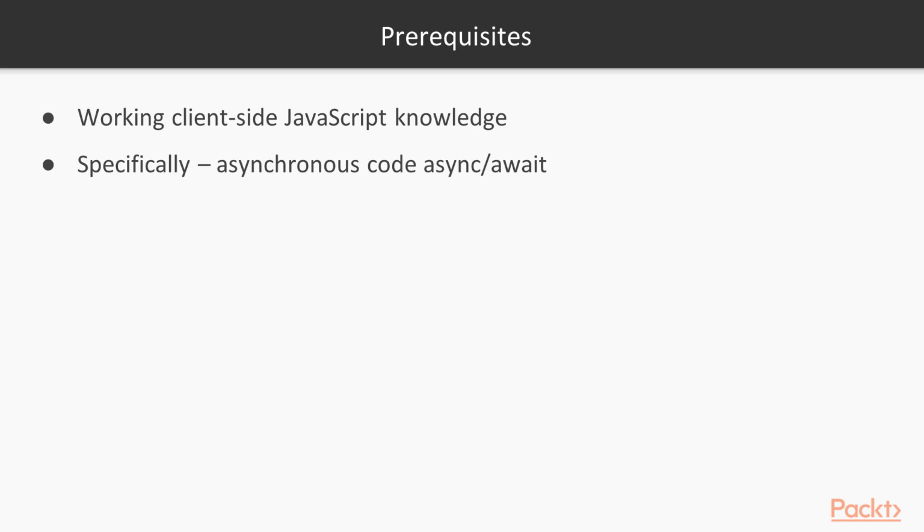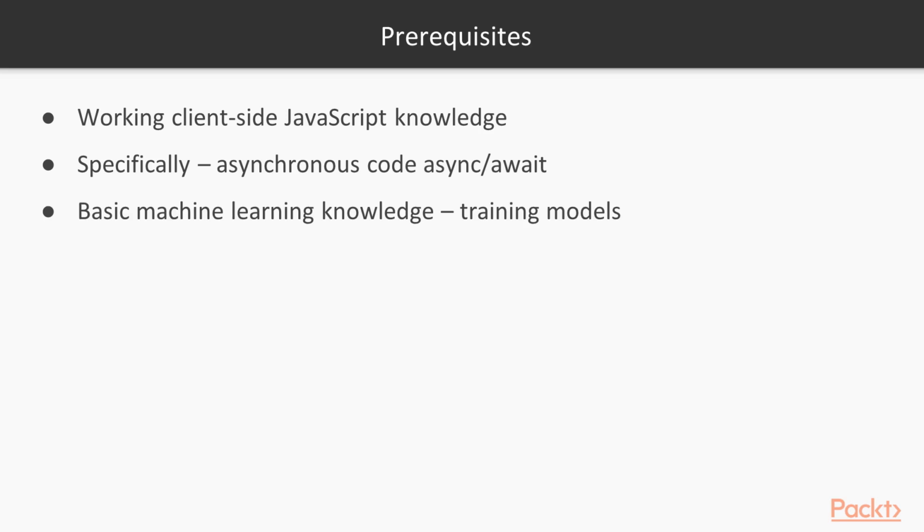The JavaScript library that we're using for our machine learning and deep learning tasks will use this asynchronous code all the time. You also need some basic machine learning knowledge. Specifically, I want you to know how you train models and how it works. If you don't know, please learn that before you get started, because we won't have the time to get to the basics of machine learning.